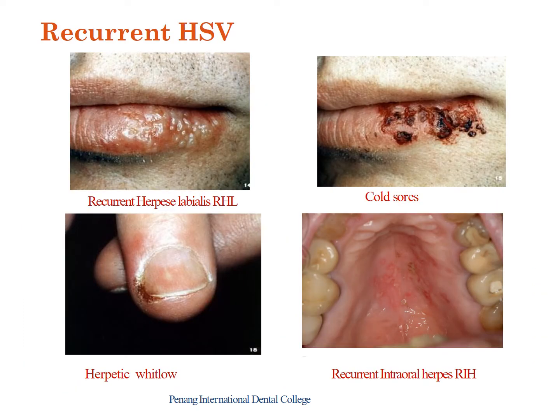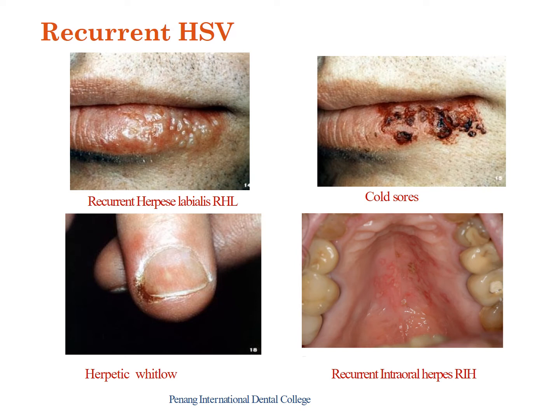When the infection reoccurs, it is called recurrent herpes simplex virus infection. It could manifest as vesicles which rupture to form ulcers on the labial surface, on the vermilion border of the lip, and this is called recurrent herpes labialis.